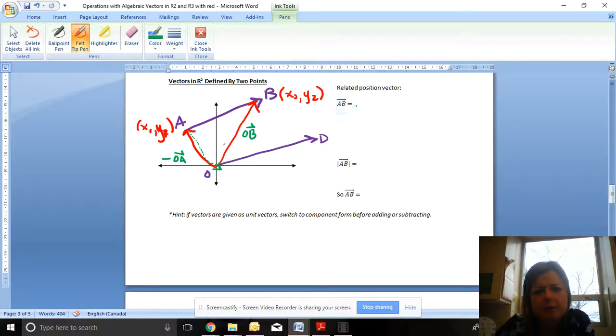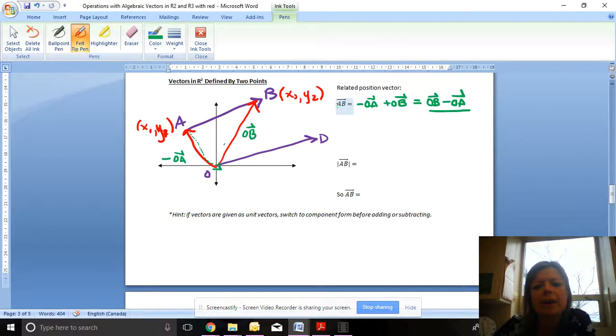So AB can be rewritten as negative OA plus OB, but really how we write it is OB minus OA.